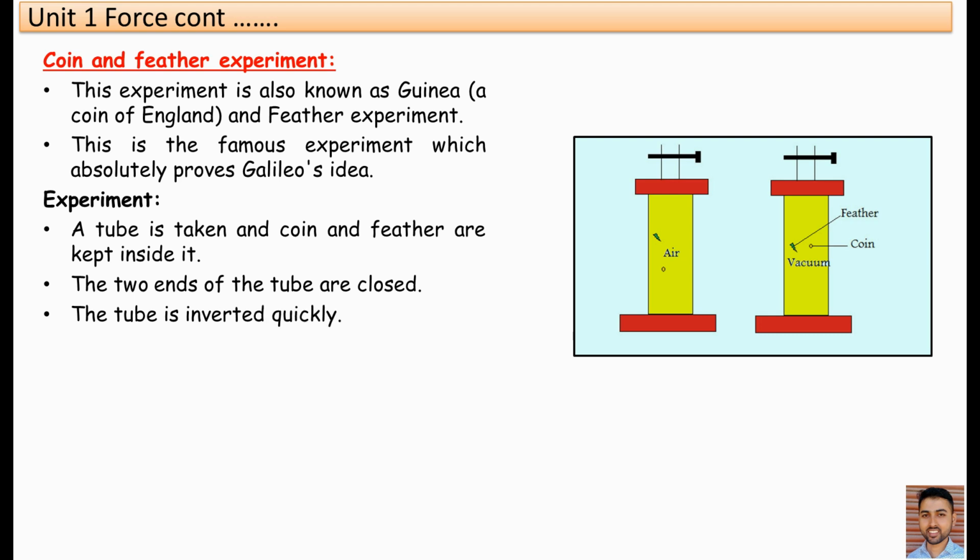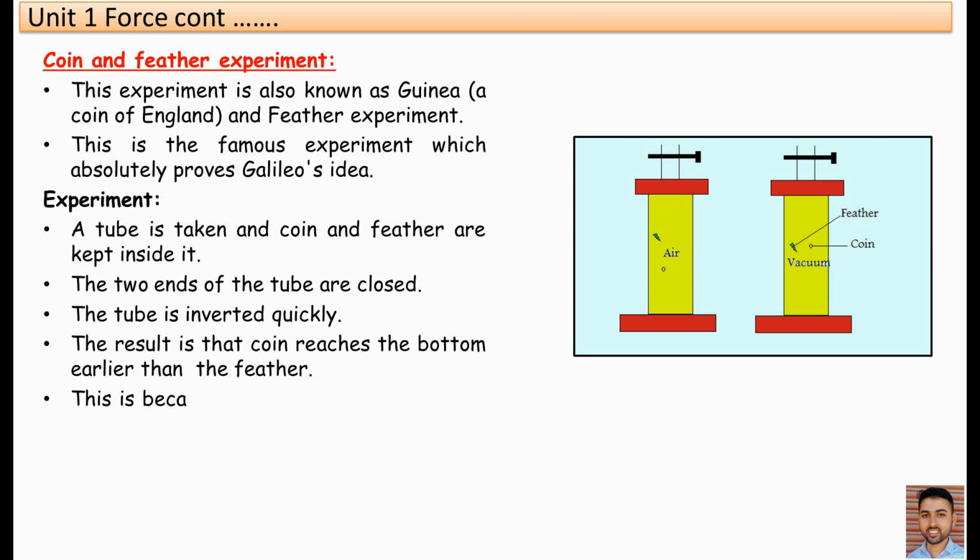This yellow tube shown in the diagram is taken, and both this feather and this coin are inserted inside it. Then both ends of the tube, this end and this end, are closed. The tube is inverted quickly.